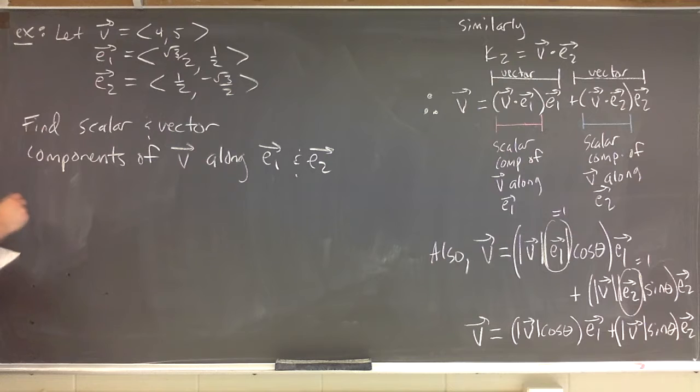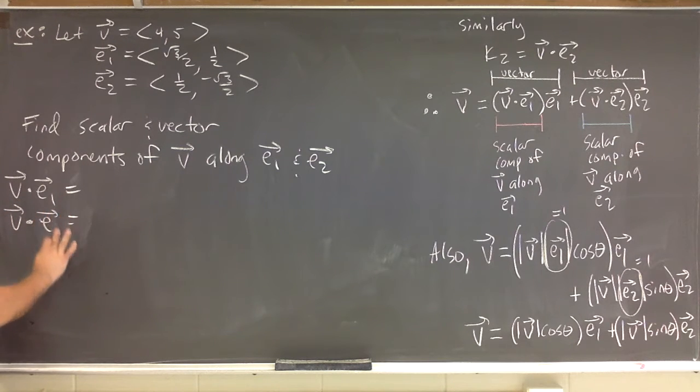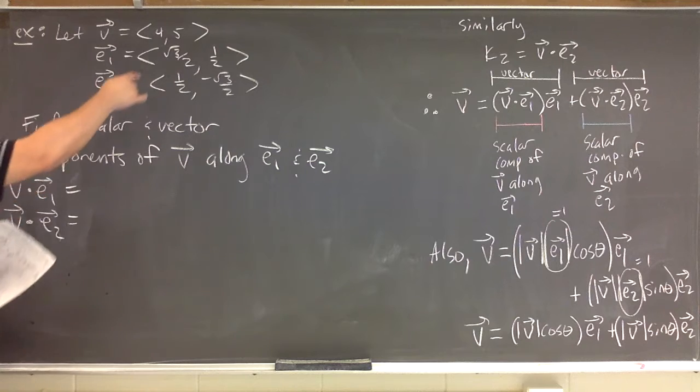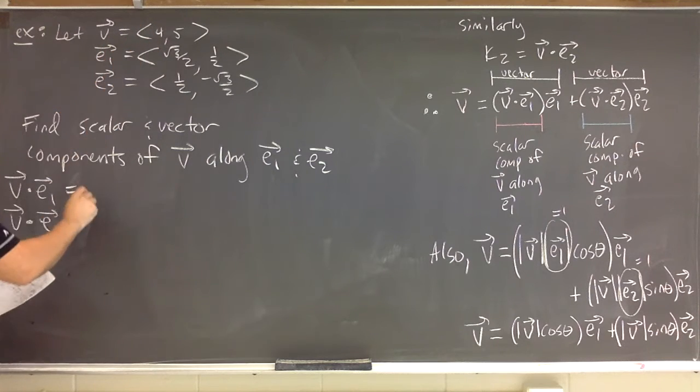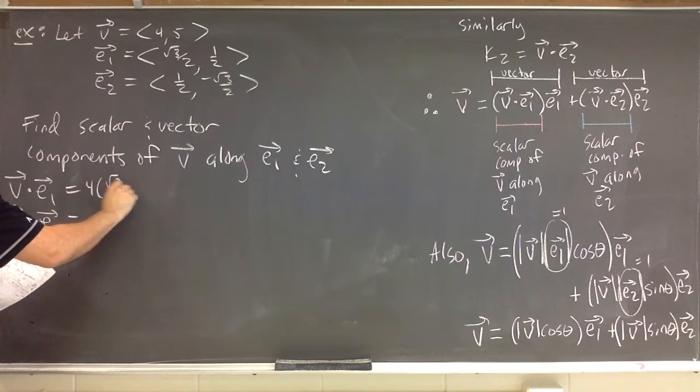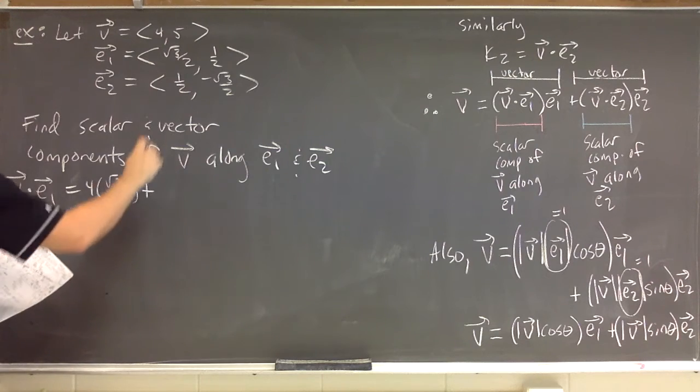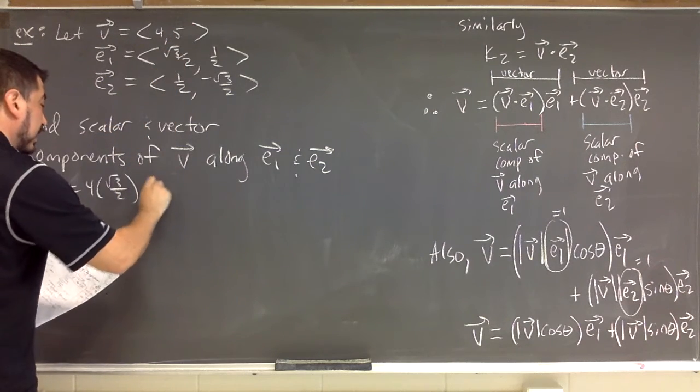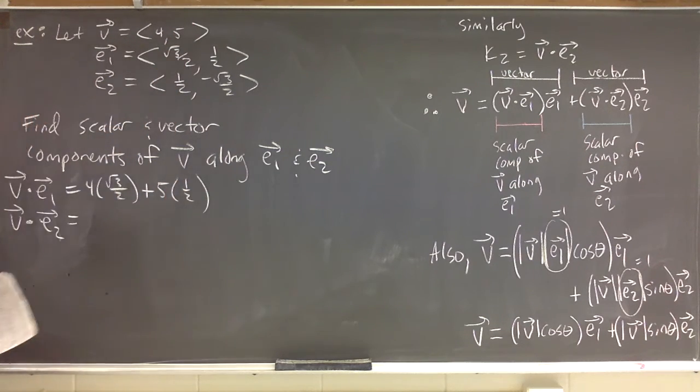Okay, so first, to find the first scalar component and the second one, you're just going to do v dotted with E1 and v dotted with E2. So we're just going to do those dot products. Basically for the first one, it'll be 4 times root 3 over 2 plus, now you multiply the second components together, that's 5 times 1/2.